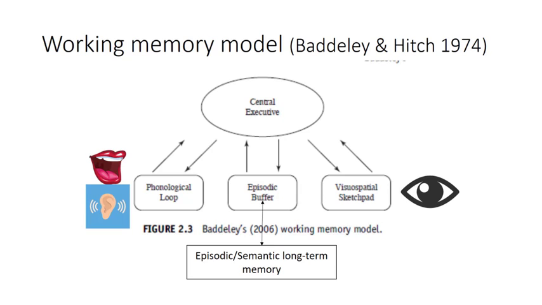For instance, if you try to connect the information about working memory you're receiving from me right now to what you have learned before in other classes, by establishing a link between your new information about working memory and your previous information about it, it would be done by your episodic buffer.